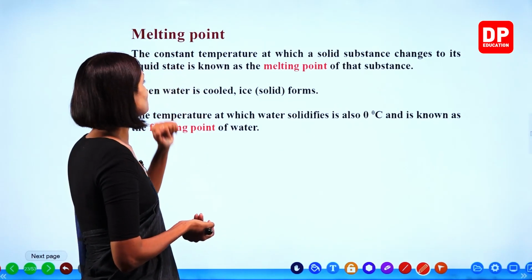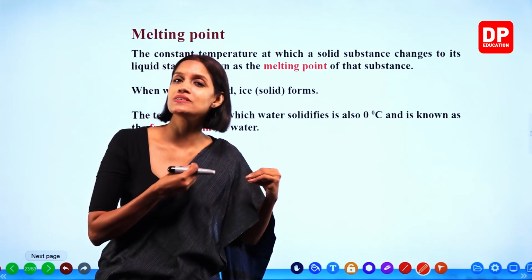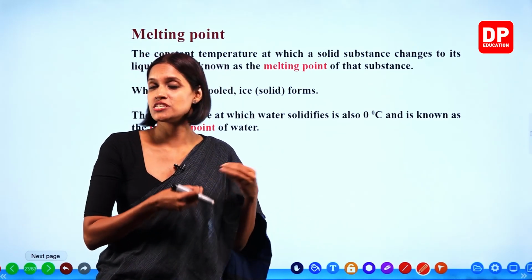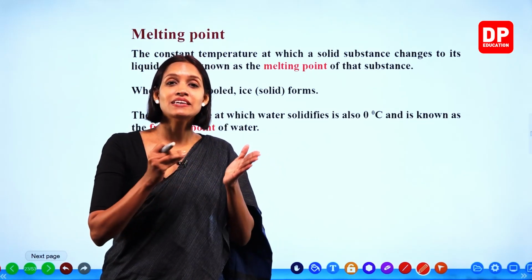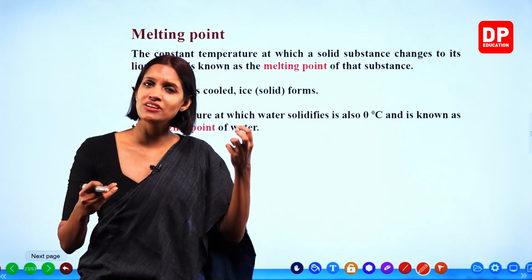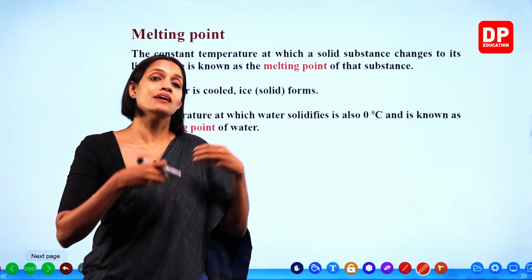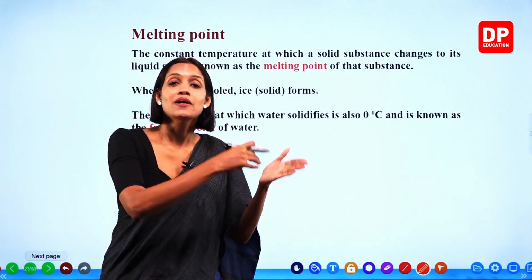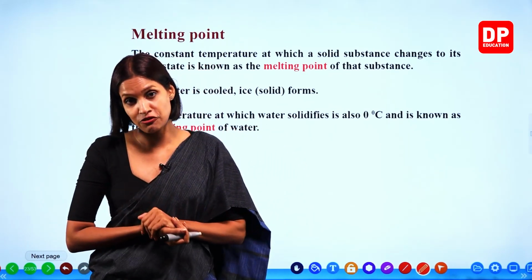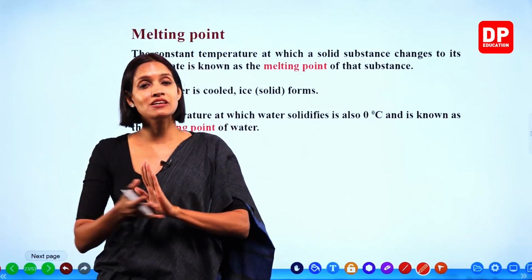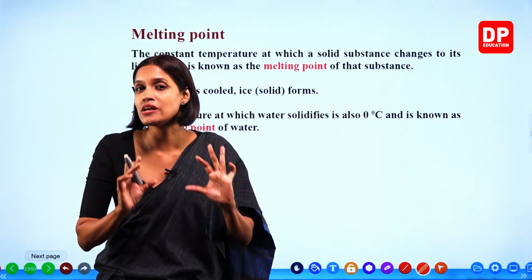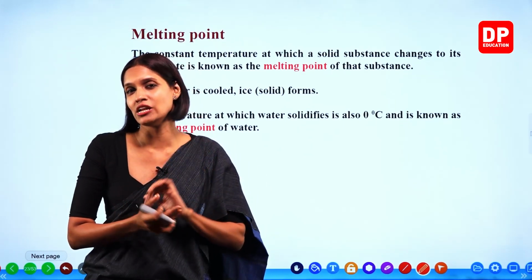Okay, so melting point means we can apply this to just any solid, children, just any substance. When you consider a solid, there is a specific temperature. When we consider different solids, at different temperatures, they will convert to their liquid. While this solid is being converted to its liquid, throughout that time, the temperature will remain at the same value.